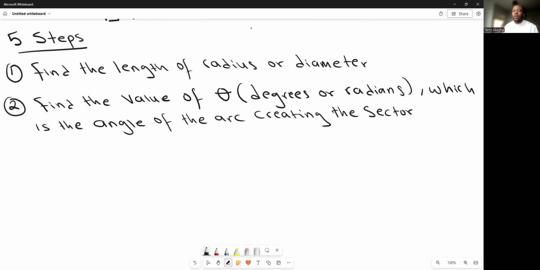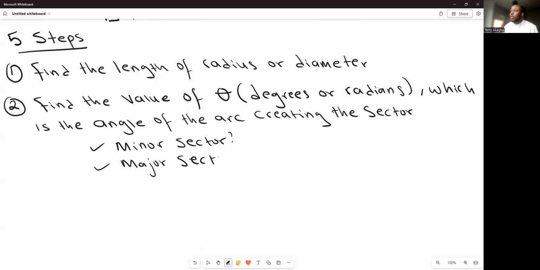So you have to be careful. You need to know if it's the minor sector. So you have to ask yourself, is this the minor sector or is it the major sector? Usually in the major sector, you have to subtract most times from 360. So you need to be very, very careful which part you're being asked to do.